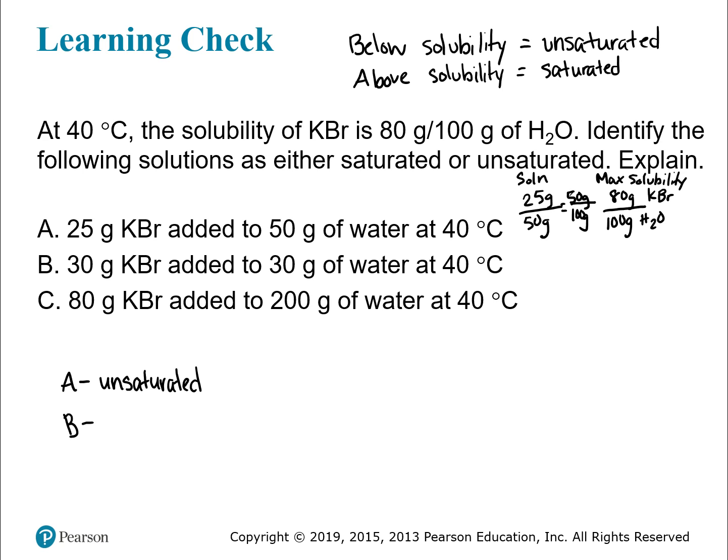So for B, we've got 30 grams of potassium bromide added to 30 grams of water. Do you think that's saturated or unsaturated? Oh, I'm sorry, I see a question. Oh, yeah, okay. I just addressed that. So for B, we've got 30 grams and 30 grams.